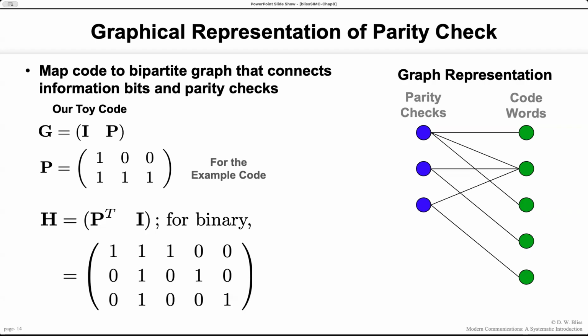It's 100, so it is just connected to the first parity check. The second entry is 111, so it's connected to all three parity checks. The third entry is only connected to parity check one, the fourth entry is only connected to parity check two, and the fifth entry is only connected to parity check three.